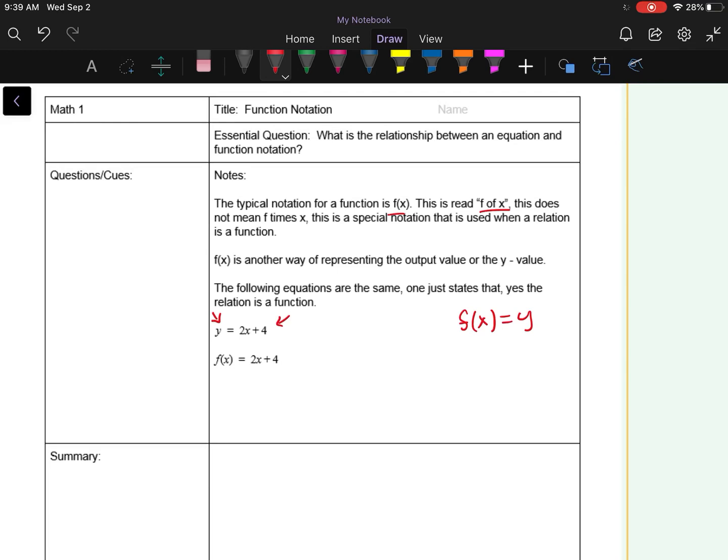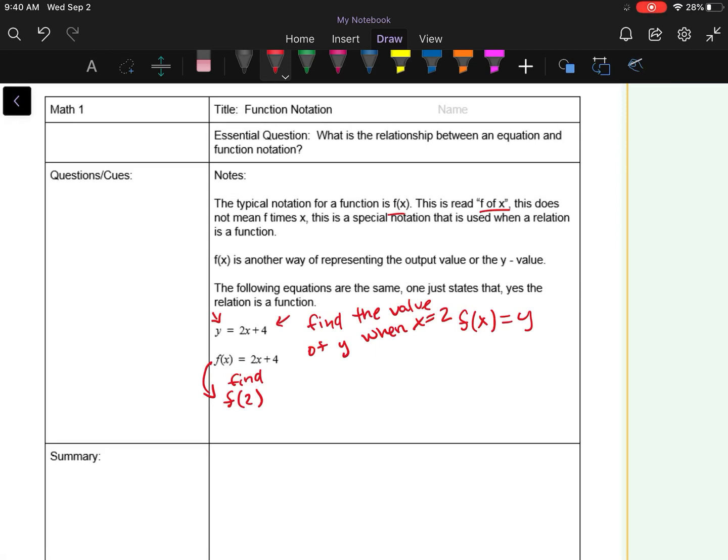Instead of saying, find the value of y when x equals 2, which I would have to write all out, which is a little tedious, I could say the same thing by saying, find f of 2. It's just faster.